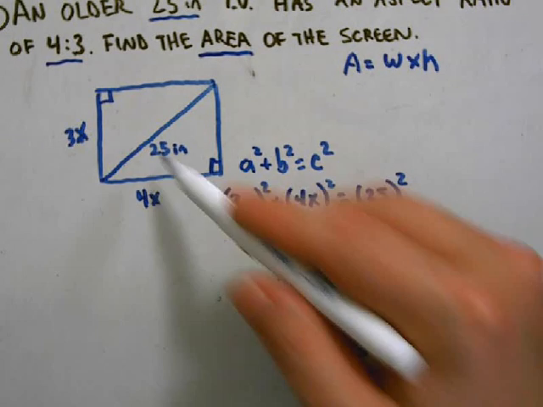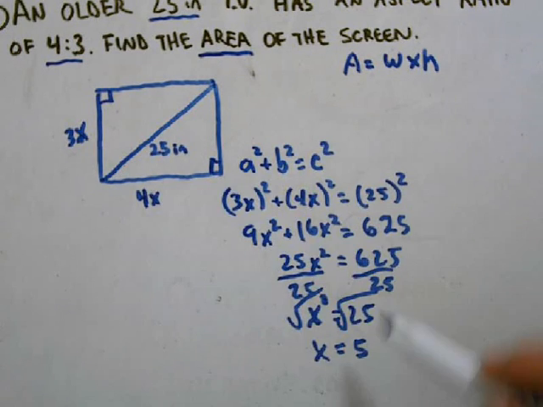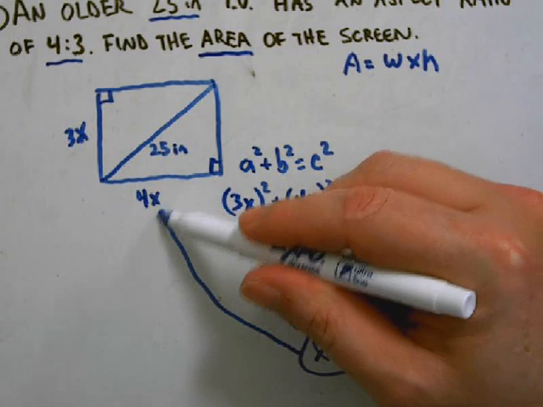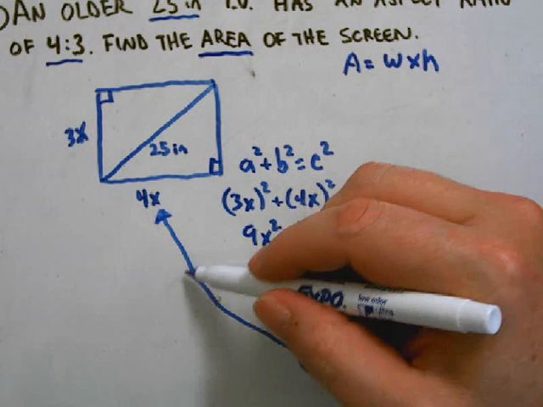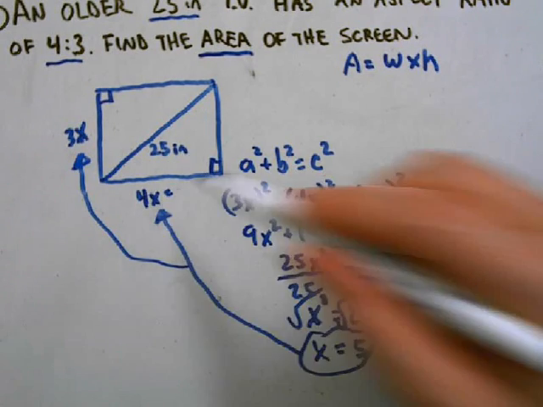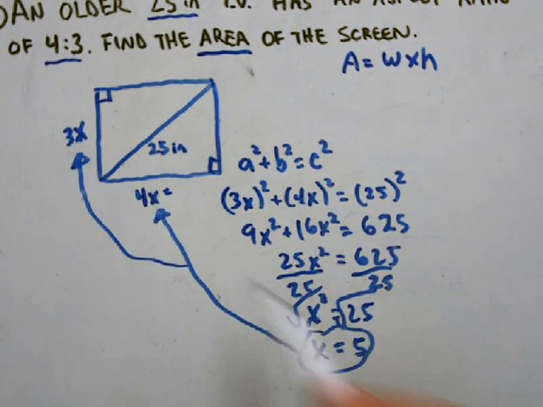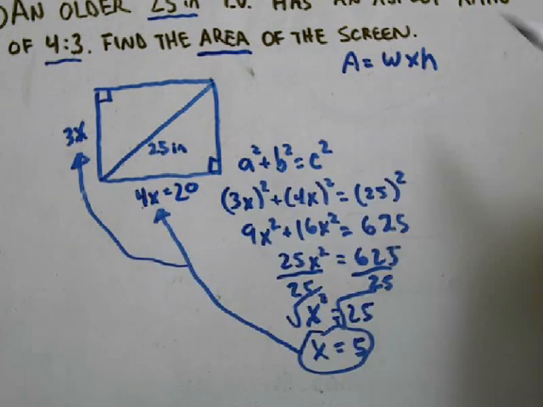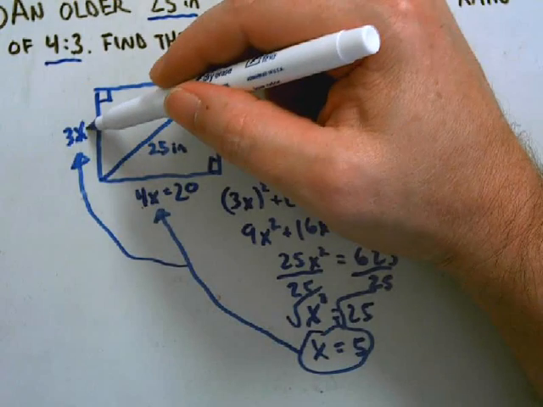Now what we want to do is take that x value and substitute it in to find out what our dimensions would be. If we put a 5 in for x, 4 times 5 is 20. If we put a 5 in for x, 3 times x is 15. So our dimensions are 20 and 15.